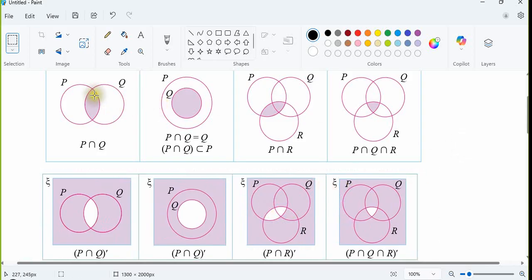This is the intersection of P and Q, and outside the intersection of P and Q. P and R, outside the P and R. Intersection between all three sets, and then outside of the intersection. So we put these two together, then it's more obvious and easier for you to understand the region for the complement of the intersection of two sets.